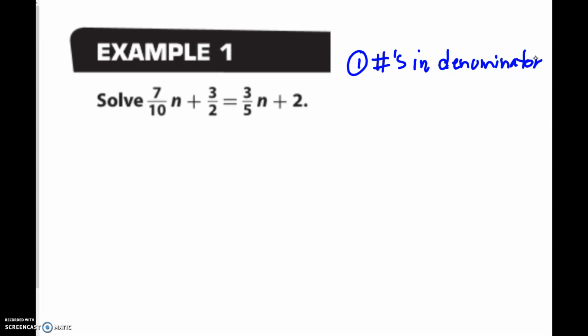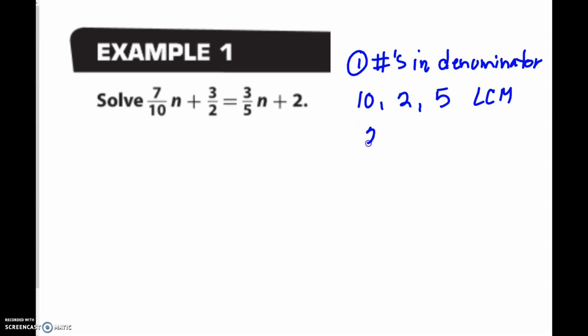Once you have focused on the numbers in the denominator, in this particular problem we have a 10, a 2, and a 5. Now 10, 2, and 5 all go into what number? What is their least common multiple?